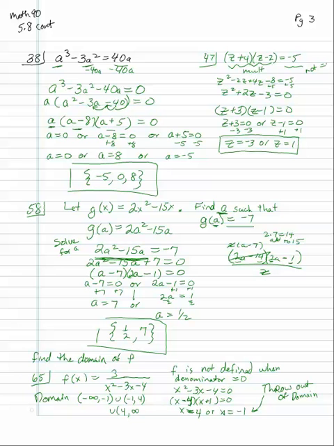Okay, or I can write it as the set of all real numbers except negative 1 and 4. I can write it like this: set of all x's such that x is a real number and x cannot equal negative 1 and x cannot equal 4. So I can write it using interval notation or set builder, either way.